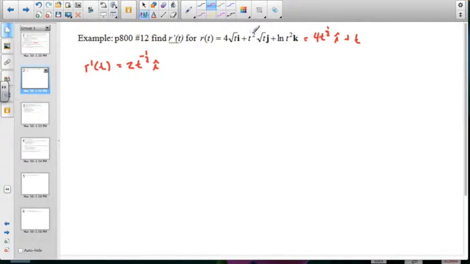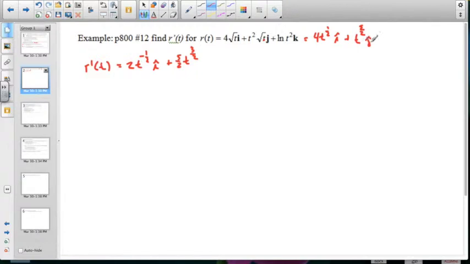So if we think about this, this is t squared times t to the half. And so that's t to the 5/2 in the j direction. So taking the derivative of that, we bring down the 5/2, t, and then we subtract 1, which is 2/2. So t to the 3/2 is the next component.